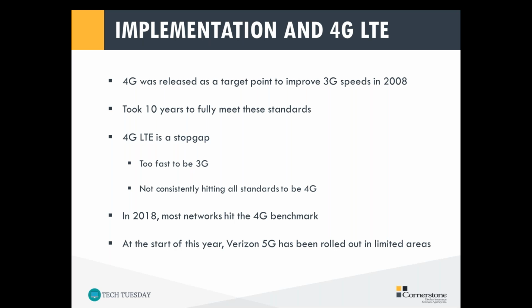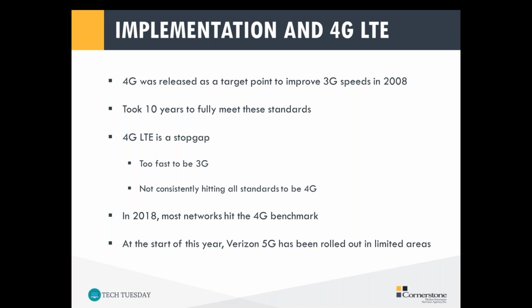It really took us 10 years to fully meet these standards. 2018 was really the benchmark where almost all major networks are consistently hitting 4G. That means Verizon, Sprint, AT&T, and I believe one other carrier have all hit those rates consistently. So now those are qualified as 4G networks.